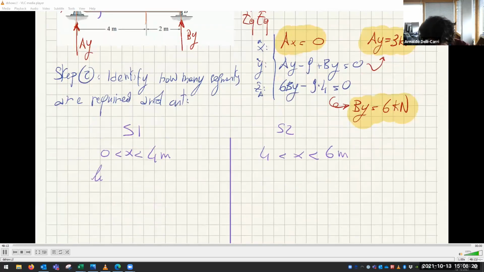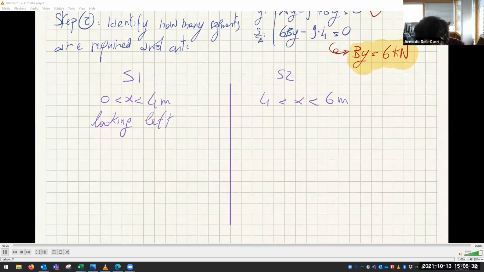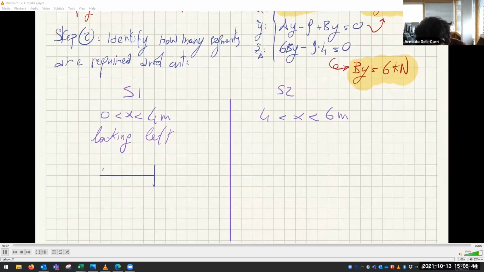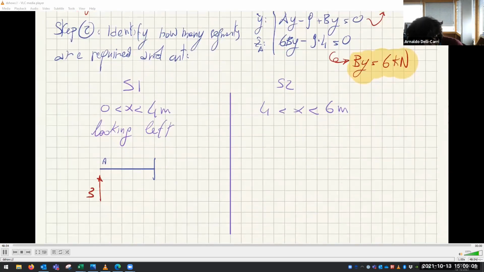So looking left, I have to draw everything that is on the left of this cut. So that means this, basically. The cut. This is point A, which, remember, has got a 3 kilonewton force. And remember, let me put here the convention.